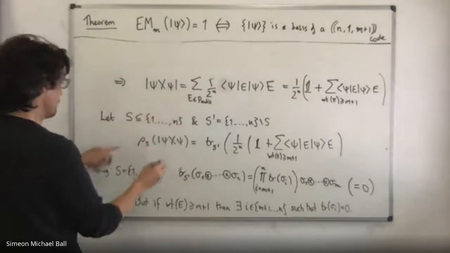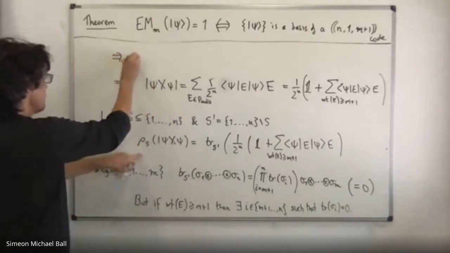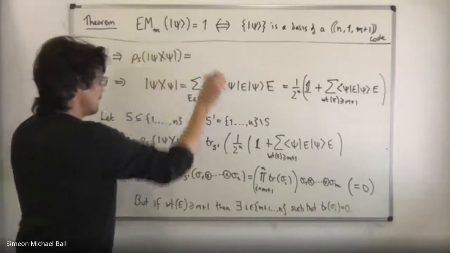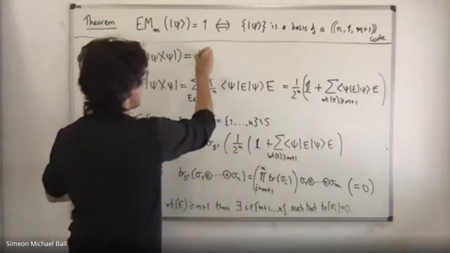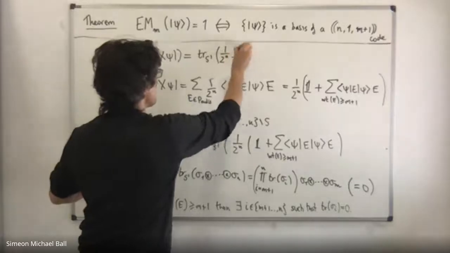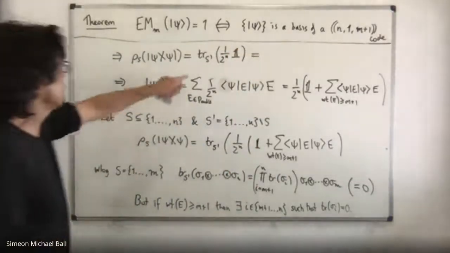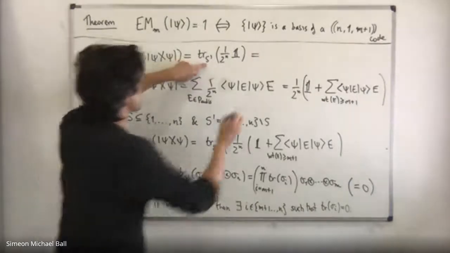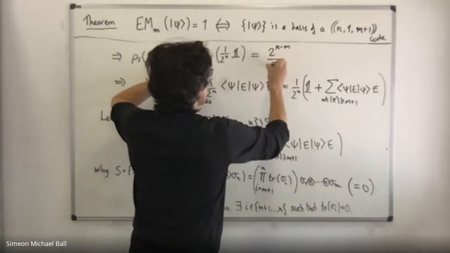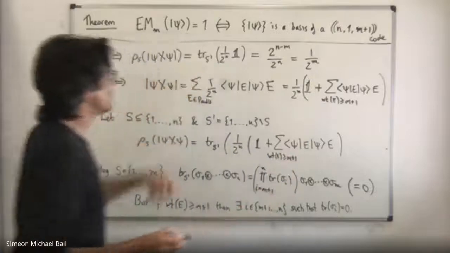So we come back here, and this implies that rho S, from rho psi, is the trace over S prime of 1 over 2 to the n times the identity. And this has 2n minus n particles, so this is 2 to the n divided by 2 to the 2n, which is 1 over 2 to the n.